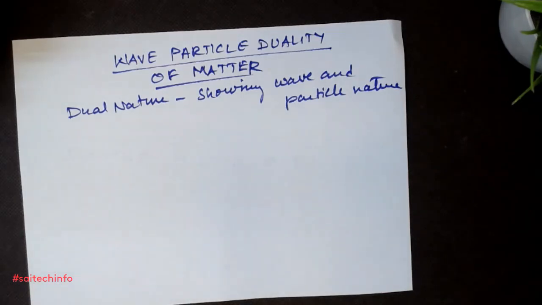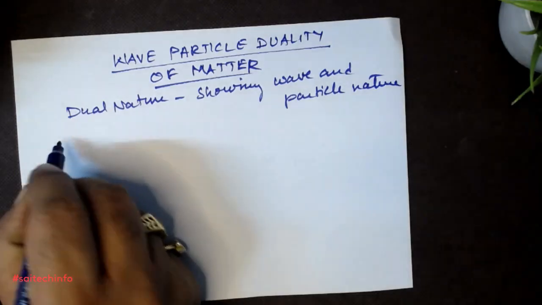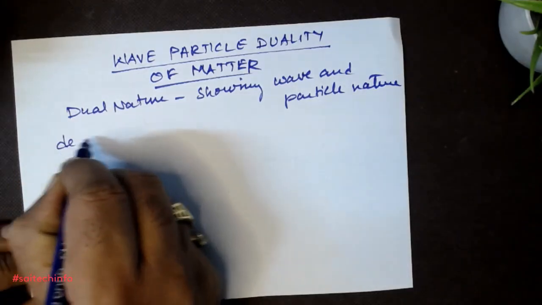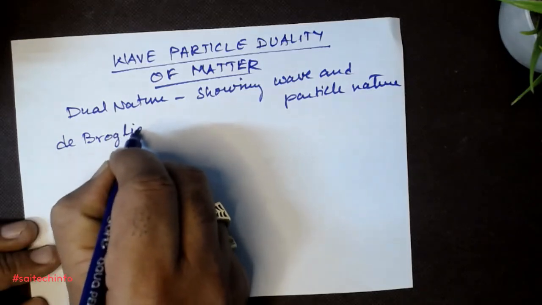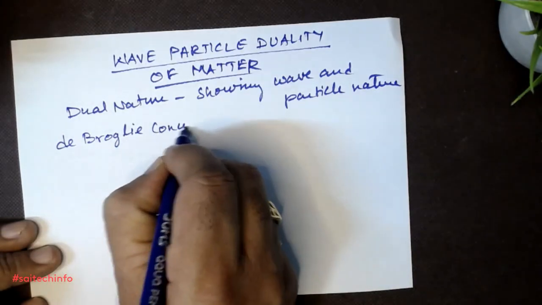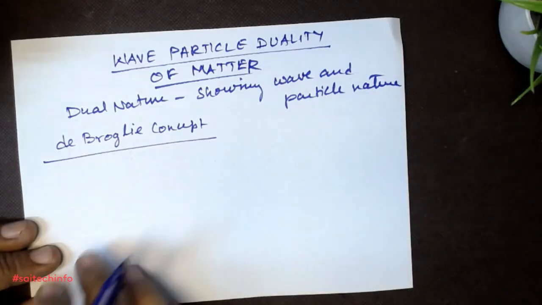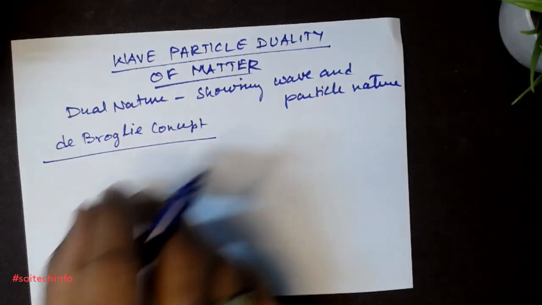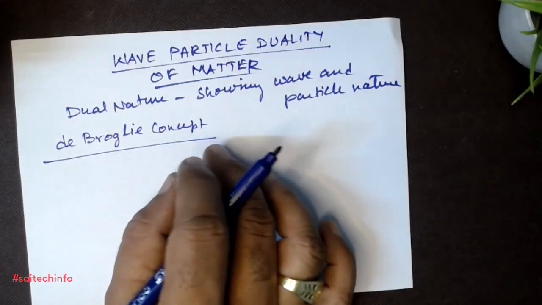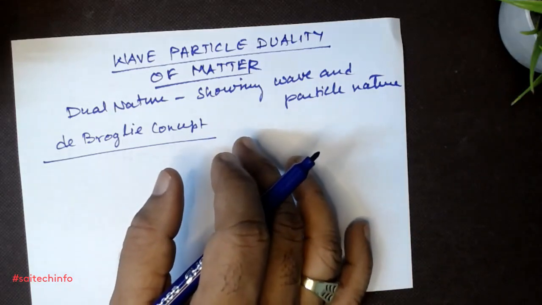He combined Planck's quantum hypothesis and Einstein's mass energy relationship. This concept is most familiarly known as the dual nature of electron concept.